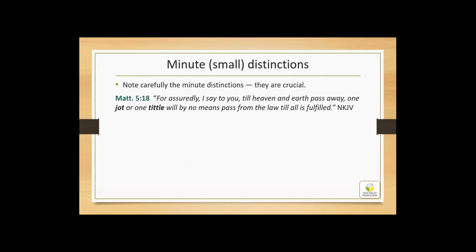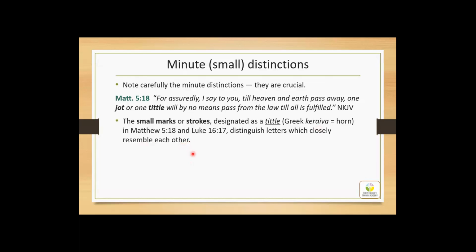They distinguish the letters which closely resemble each other, the jot and the tittle. Not one of them will pass. Okay, so there's the B with its tittle, and the jot refers to the yod, the smallest letter of the Hebrew alphabet.